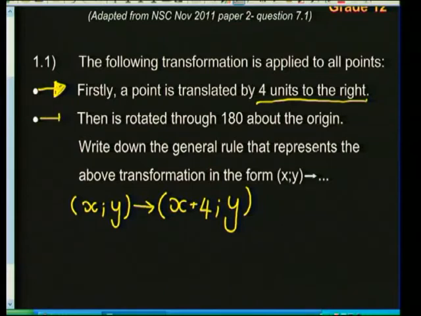Then we go on to say there's a second stage to the transformation, and that is saying that it is then rotated through 180 degrees about the origin. Here, grade 12s, is where your theory comes in. If you know your transformational rules, we will know that if we've got a point (x, y) and we are rotating it 180 degrees about the origin, something interesting quickly about 180 degrees is that whether you rotate it clockwise or anti-clockwise, we are getting to exactly the same point.